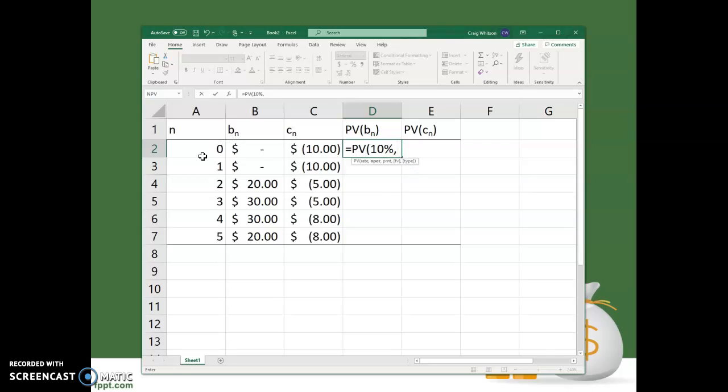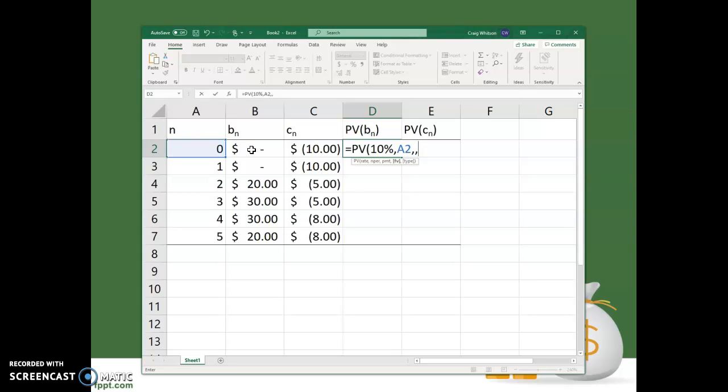So the nper value is just the number from the first column. There's no payment here, it's not repeating. It's just a single time value. In this column I'm calculating the present value of the benefits.